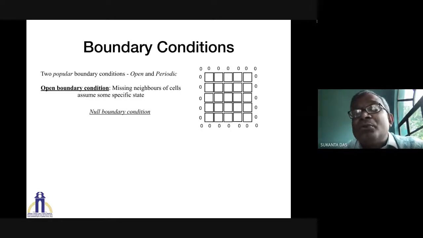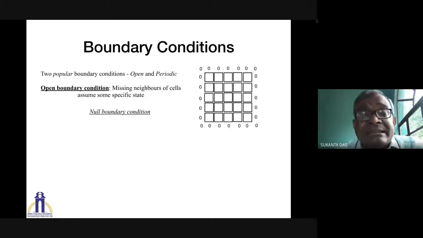So what is the meaning of this null boundary condition? It means that suppose in the state set you have 0, 1, 2. Then the missing cells are assumed to be always in state 0, right?